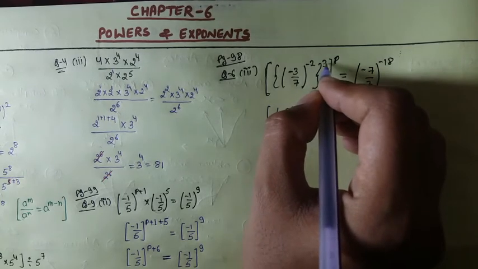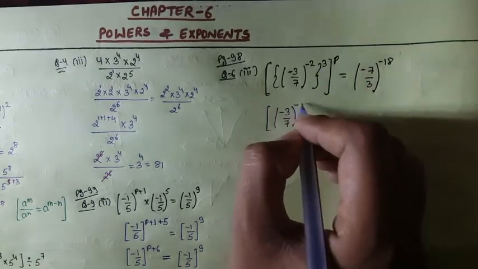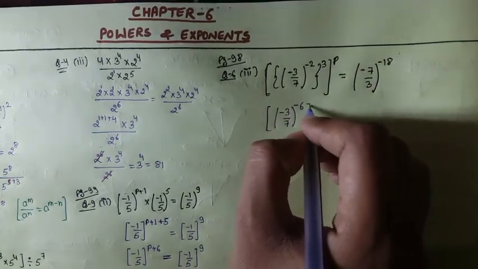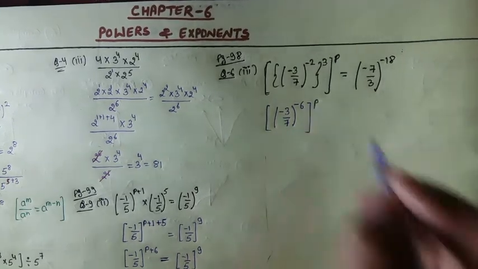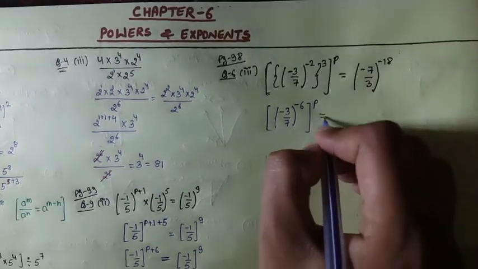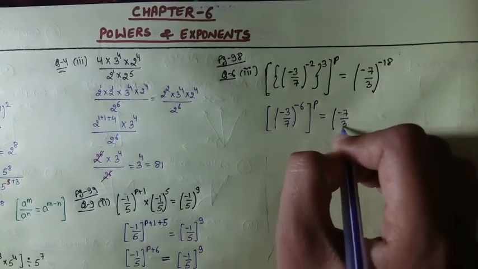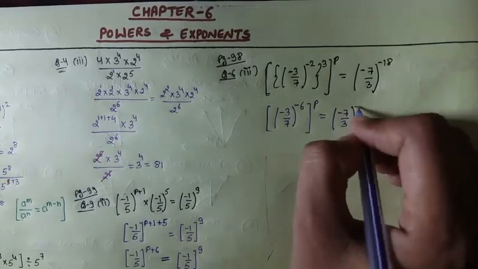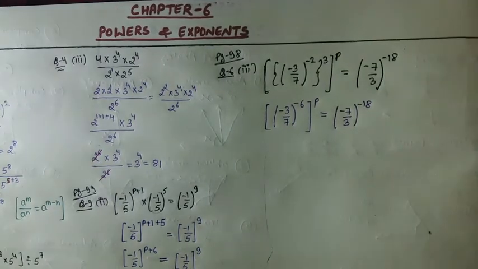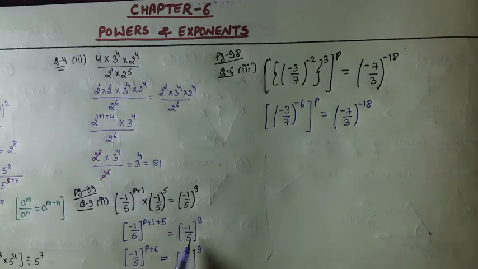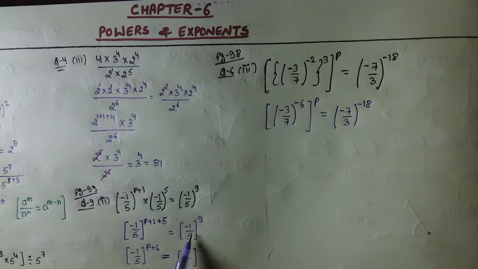So -2 into 3 is -6 whole to the power p, and in the RHS we have -7/3 whole to the power -18. यहाँ तक क्लियर है क्या हुआ? Is it clear up to here?